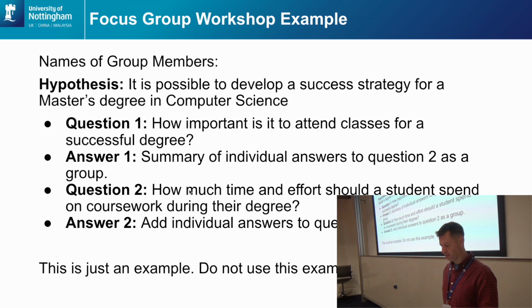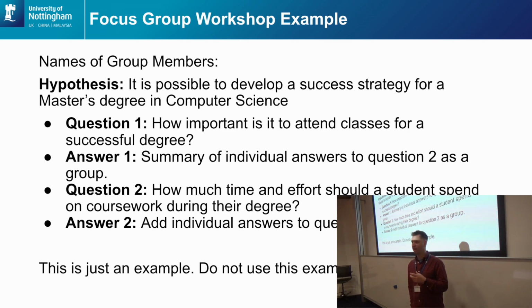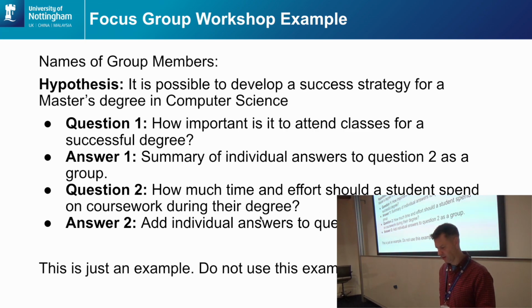How much time and effort should students spend on coursework during their degree would be another related question if you're trying to address this hypothesis. And then you'd add the individual answers to question 2 as a group answer 2. That's just an example of what it would look like.